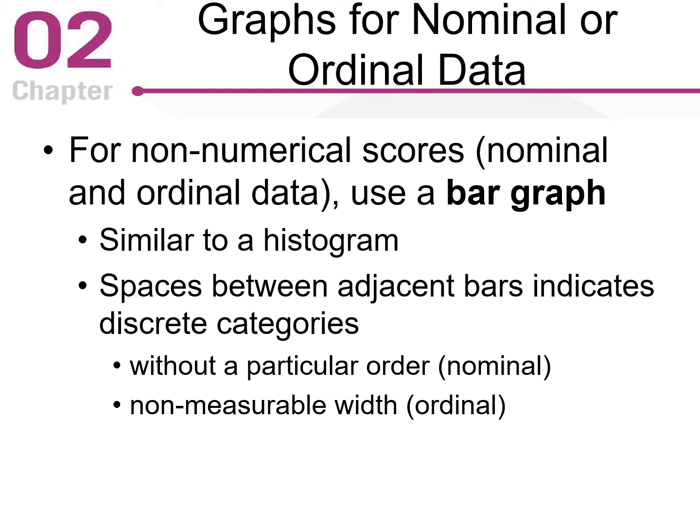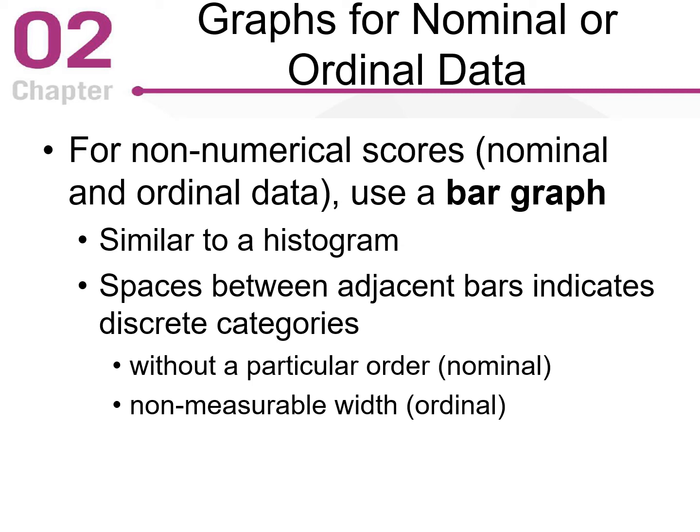Bar graphs indicate discrete categories, and nominal data is discrete data. There are no intermediate values. Let's say you're graphing ethnicity: you're going to have Caucasian, Hispanic, African American, Asian American. Those are discrete categories.